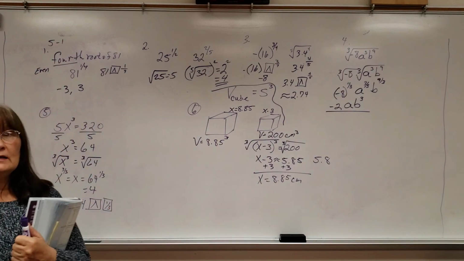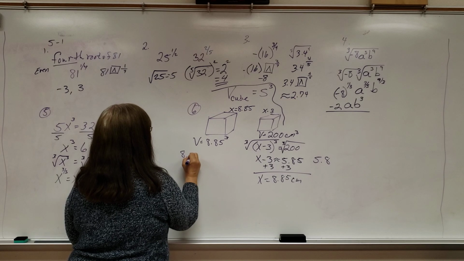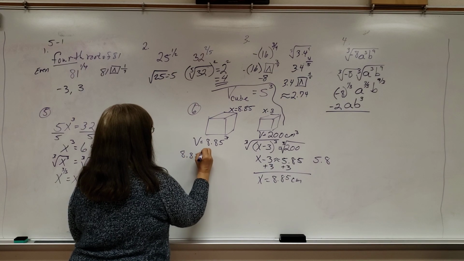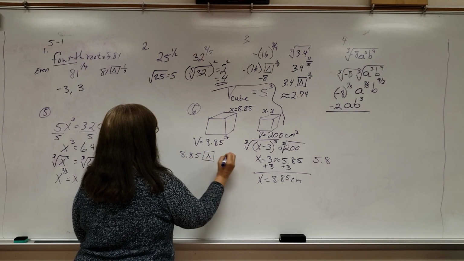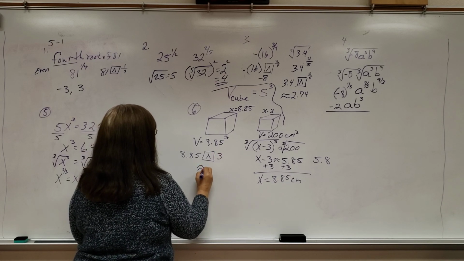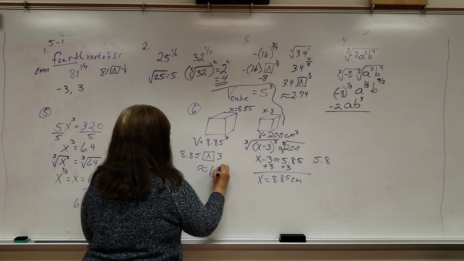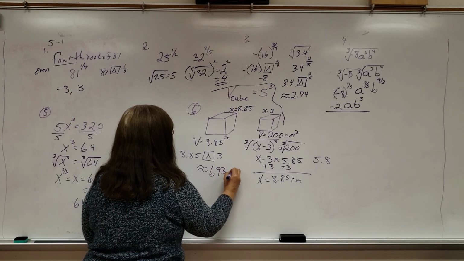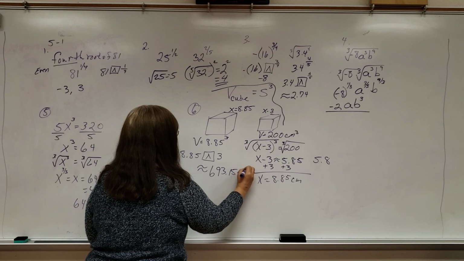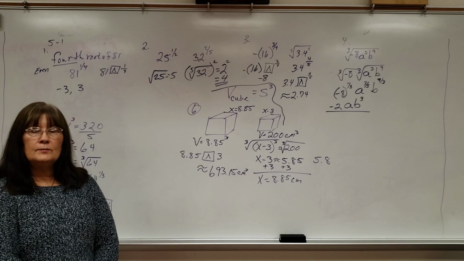So when I put that into my calculator, I'm going to put 8.85, put my caret key, put in a 3, and I will get approximately 693.15 cubic centimeters. And I hope this helps you with your homework.